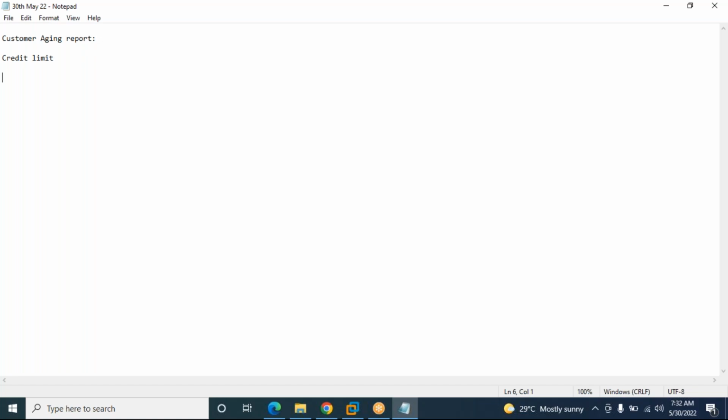Whether he has the capability to repay the amounts, we need to verify. Suppose customer A has been given a credit limit of 5 lakhs, and customer B has 8 lakhs. How will this be calculated in the system? Let me show you where we can map this credit limit and how it will be calculated. Let us understand.